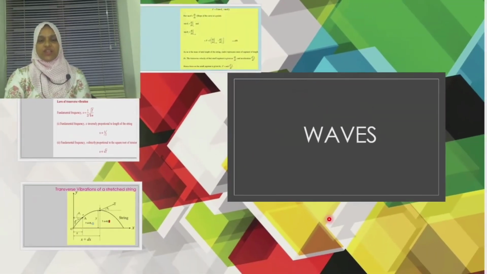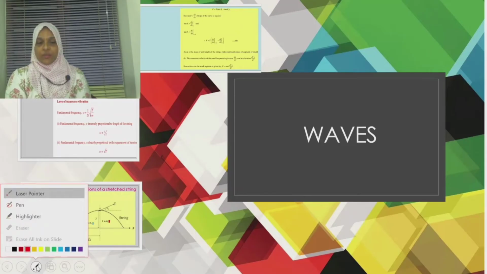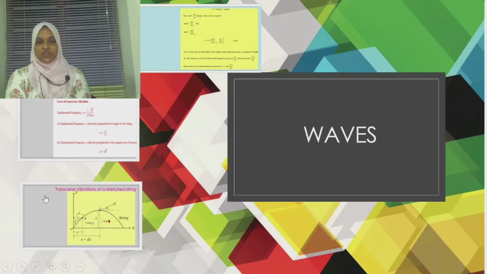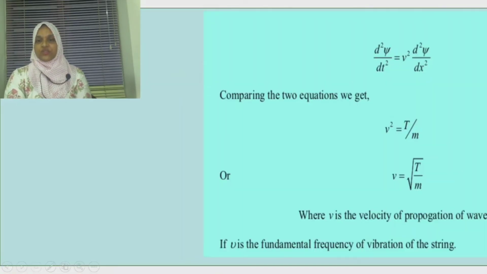You remember the one-dimensional wave equation, which is of the form d square psi by dt square is equal to v square d square psi by dx square. This represents a one-dimensional wave equation which we have studied in our earlier classes.